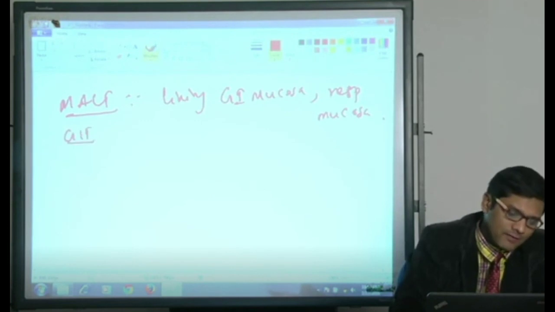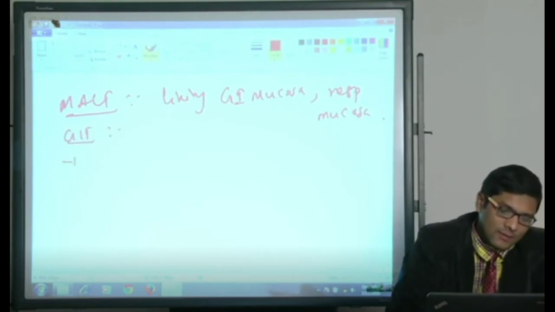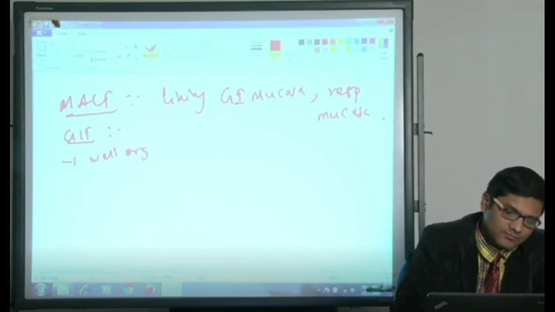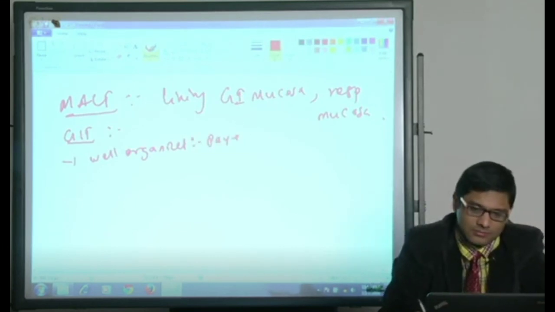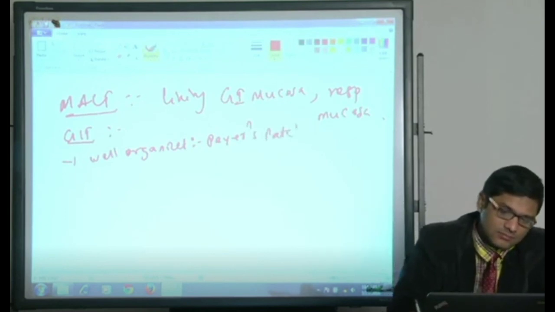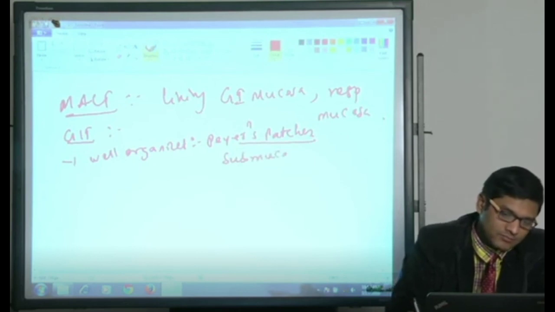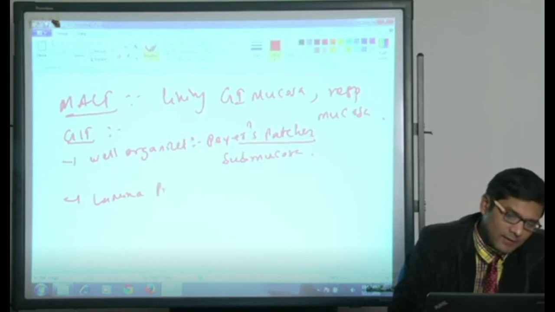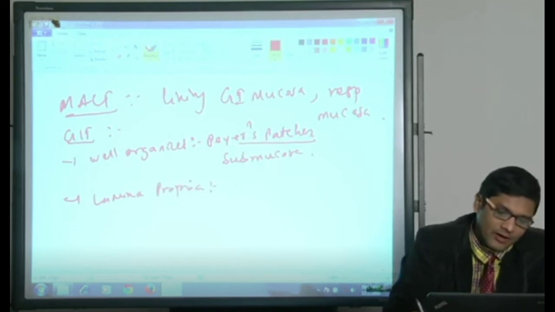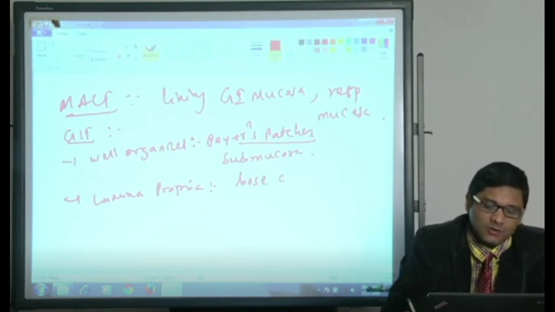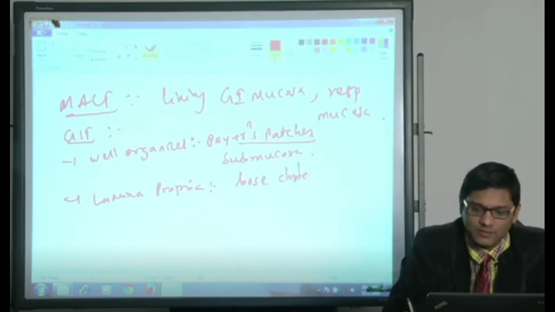In GIT, the well organized ones are called Peyer's patches, present in submucosa, or in lamina propria of GIT they are present as loose clusters of lymphocytes.